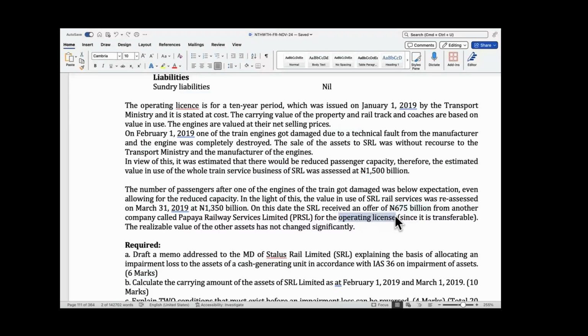I mean, the license is transferable. It's an intangible asset, identifiable, non-monetary, without physical substance. It's an identifiable asset, if you remember what I taught you yesterday. So it's transferable. So the realizable value of other assets has not changed significantly.